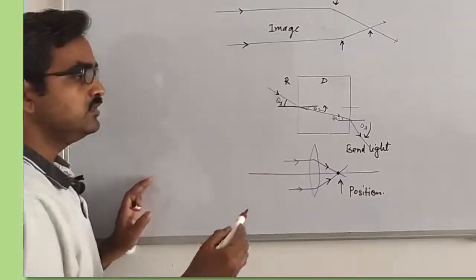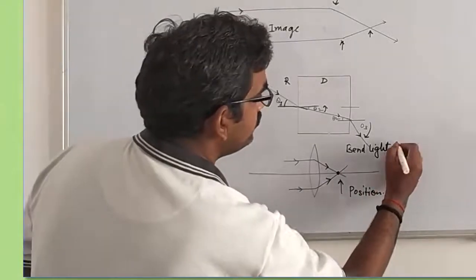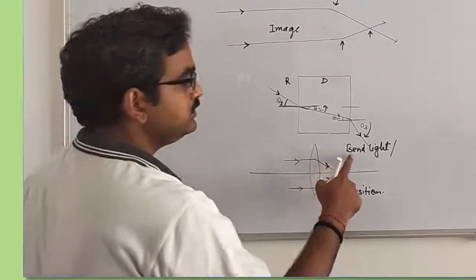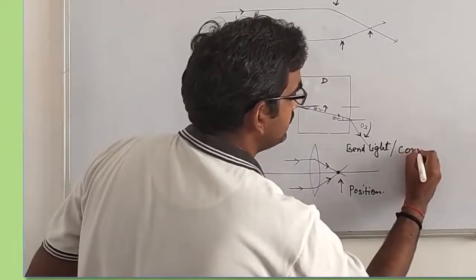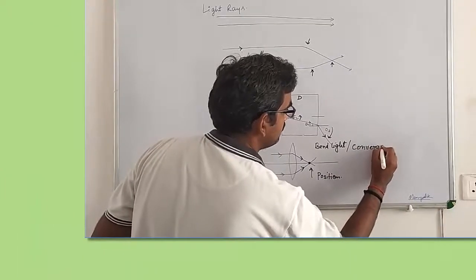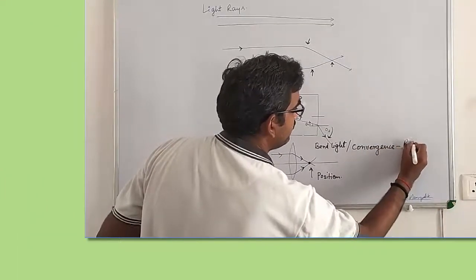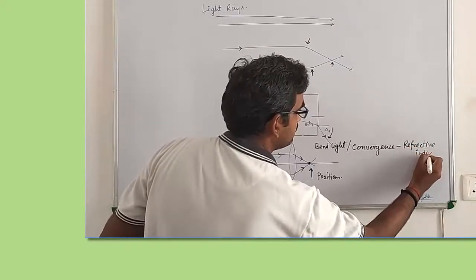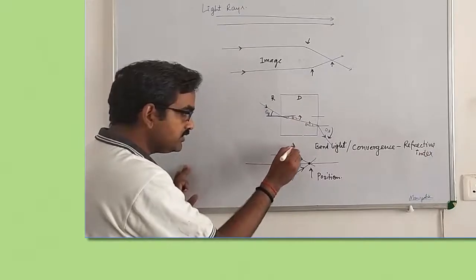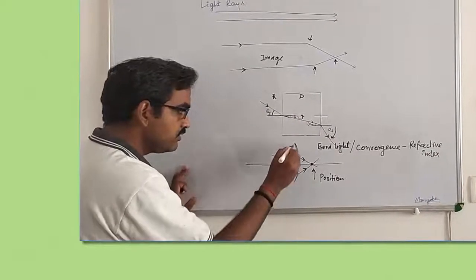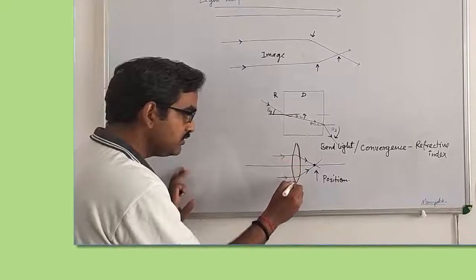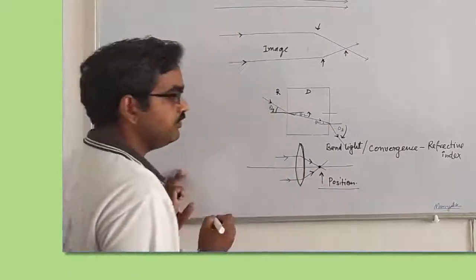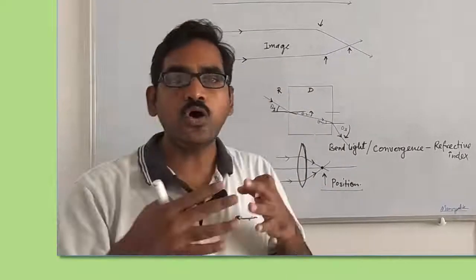So the convex lens is providing the two properties required for image formation, that is bending of light or convergence due to refractive index, and second, due to its curvature, we know the position where the rays are going to cross each other.